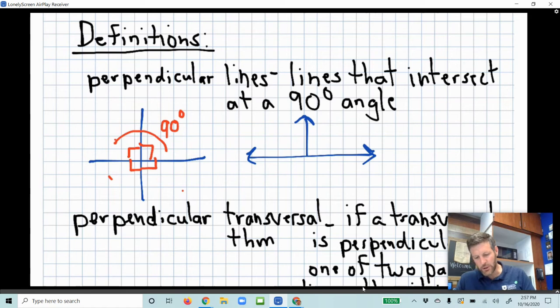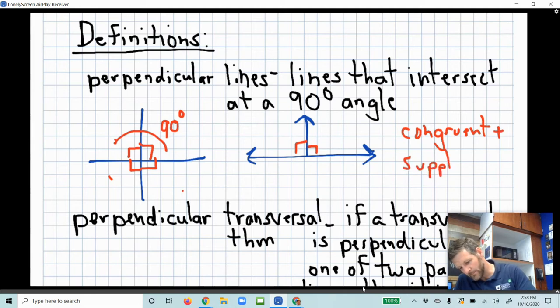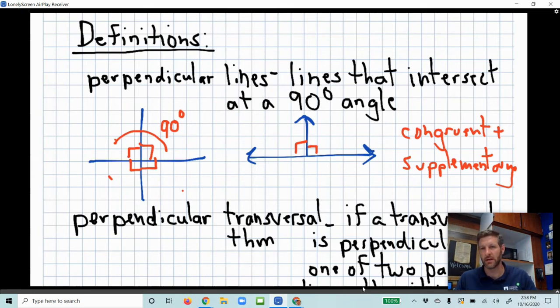You can create a linear pair where you have this angle and this angle, and they are both congruent and supplementary. So in other words, whenever something is congruent and supplementary, they add up to 180, but they're the same, you know you have 90-degree angles there, and therefore you have perpendicular lines. So just sometimes that's how it's phrased.